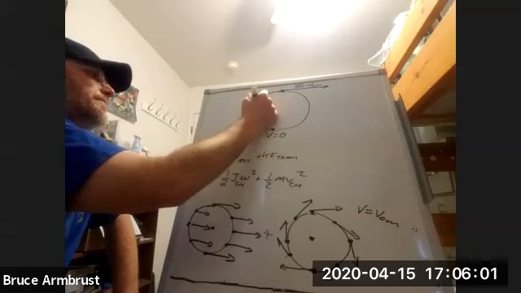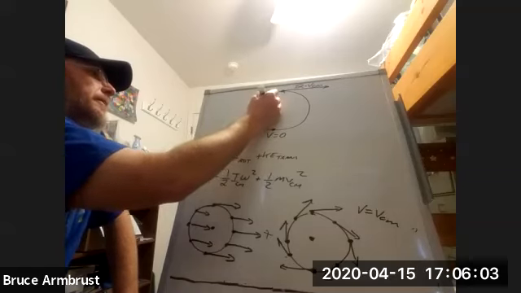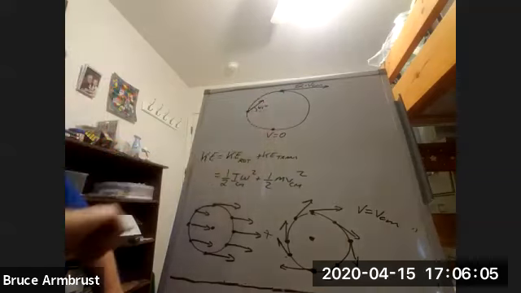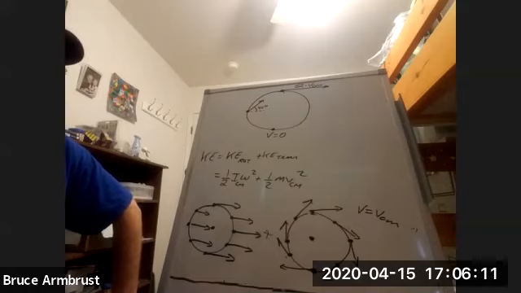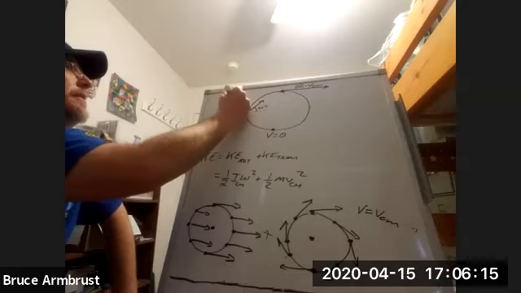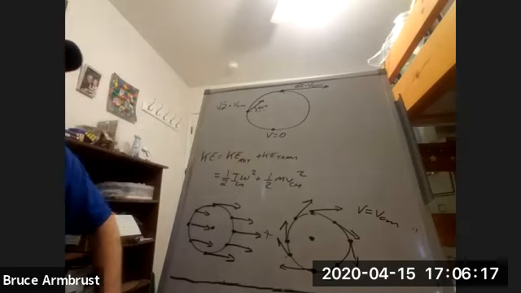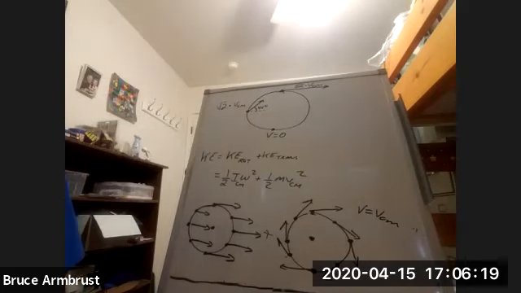what we're going to get is an angle that's going at 45 degrees because they're equal magnitude. And the size of that is going to be the square root of 2 times VCM.